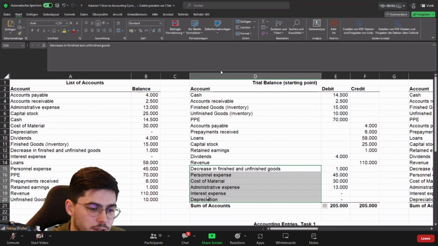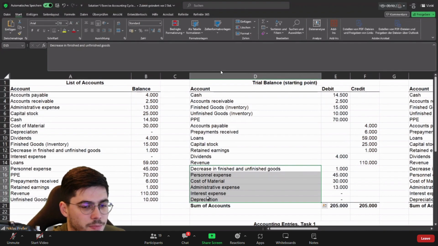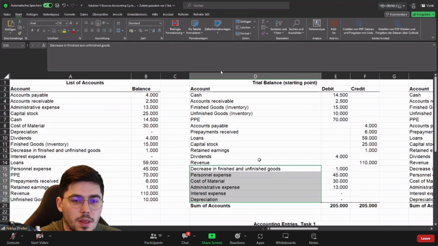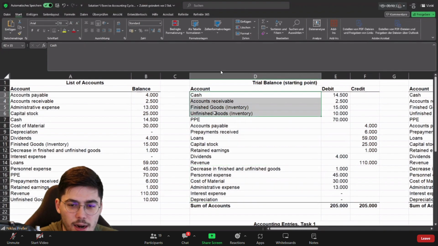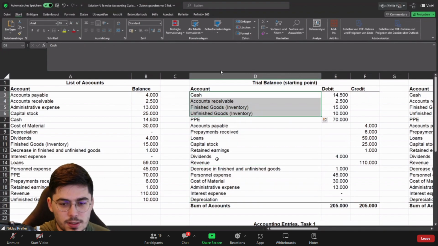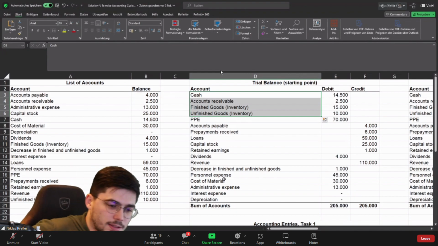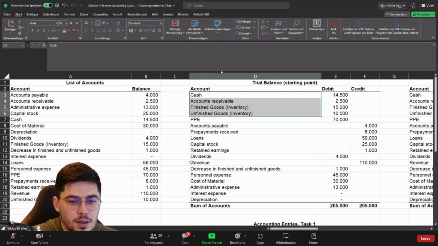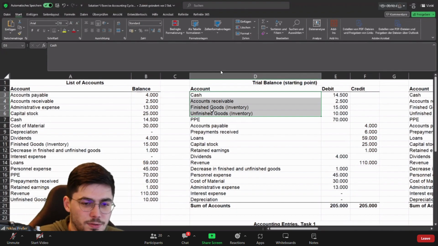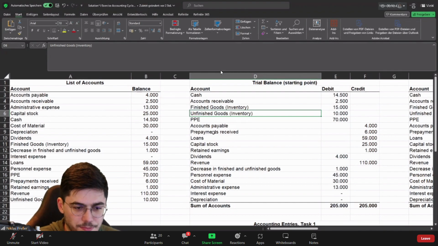These categories are important, but not so much the order of the accounts within a category. So assets first, then liabilities, then dividends, then revenue, then expense. That's important. Whether you have cash or accounts receivable first is not that important.